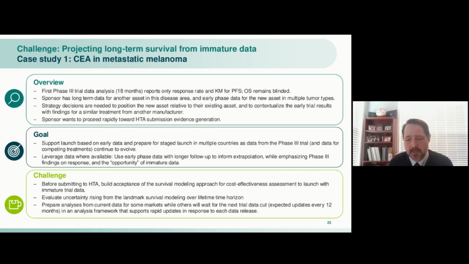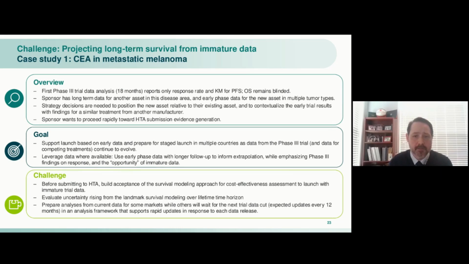The challenge in this case was to develop a survival model that supported development of economic analyses, supported some of the strategic decision-making about product positioning, and supported a very important strategic comparison against other competing therapies that were also on the pathway to launch and regulatory approval.